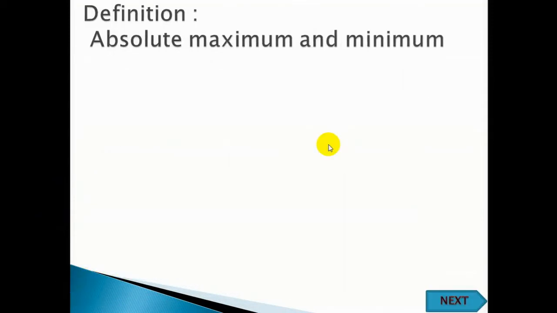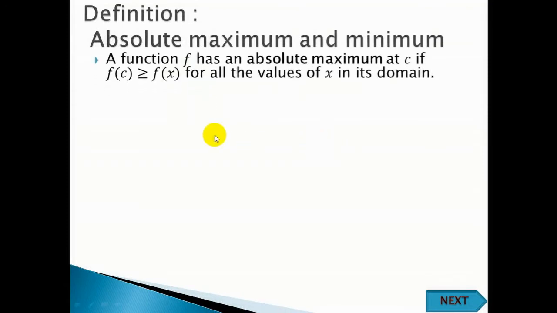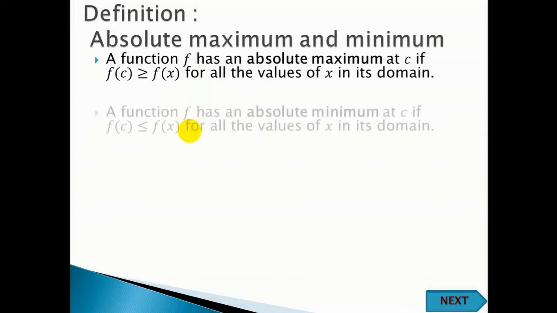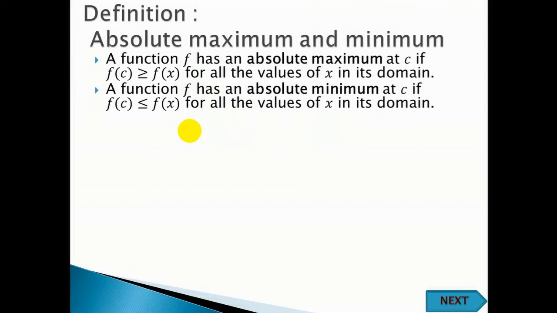So everyone, the definition of absolute maximum and minimum. A function f has an absolute maximum at c, where c is a constant, if f(c) ≥ f(x) for all values of x in its domain. Similarly, for absolute minimum, we have f(c) ≤ f(x). So here is some terminology.